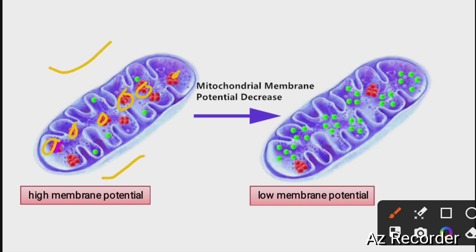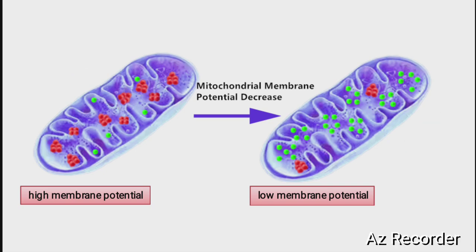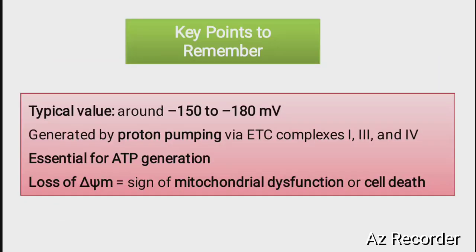This mitochondria is a healthy one. When the membrane potential decreases, low membrane potential leads to the death of the mitochondria. This mainly suggests the healthy mitochondrial status.